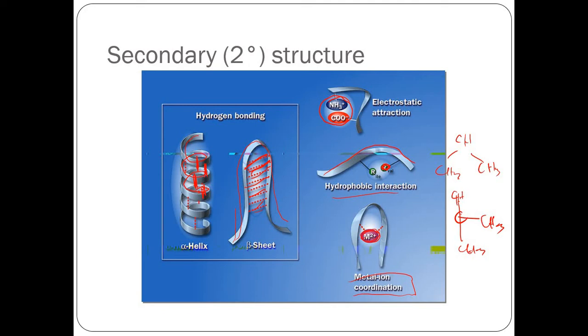Okay, so that means there are other attractions, but in secondary structure, it is the hydrogen bonding between the backbones that forms alpha helix and beta pleated sheets. So that is the secondary structure of the proteins.